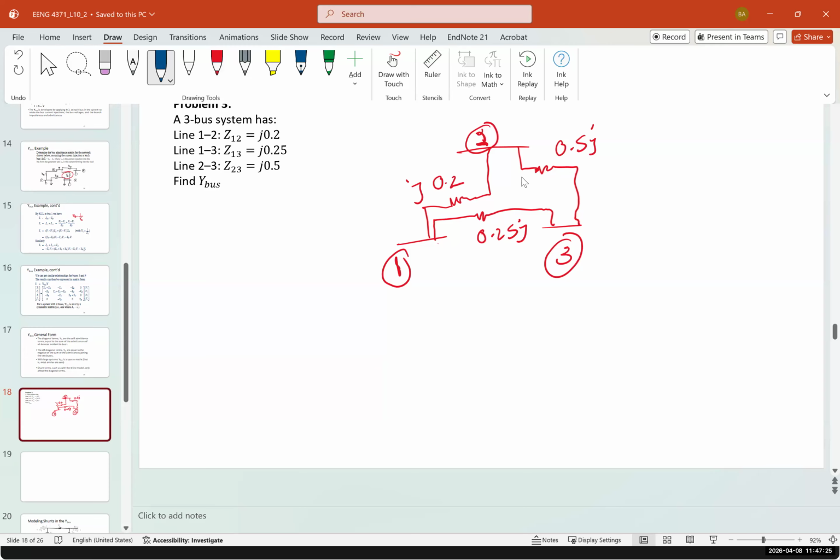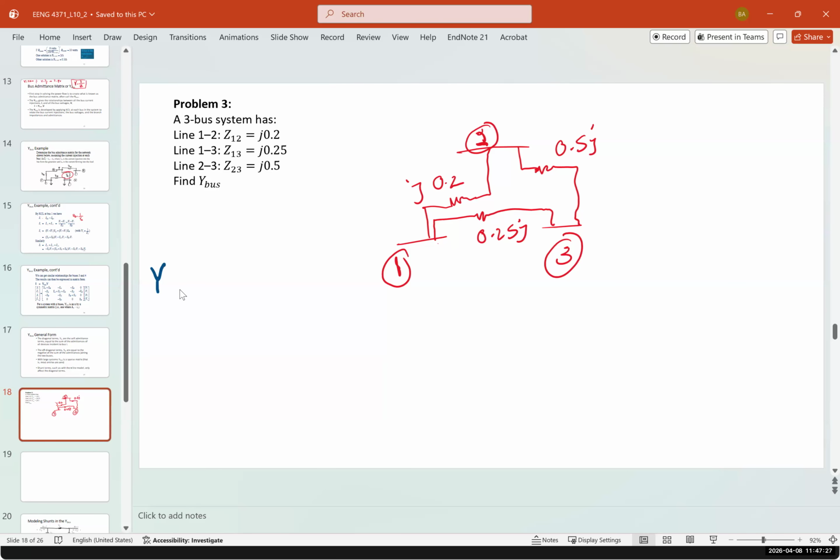So first thing, we have the impedance. We need to find the admittances. So Y12 is equal to 1 over Z12, which would be 1 over j0.2. So what is 1 over j0.2? Yes, negative j5. 1 over j is negative j.